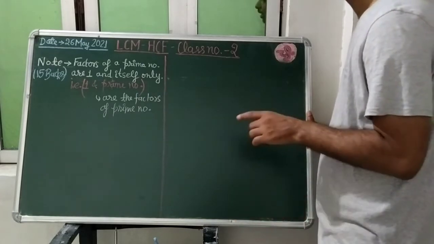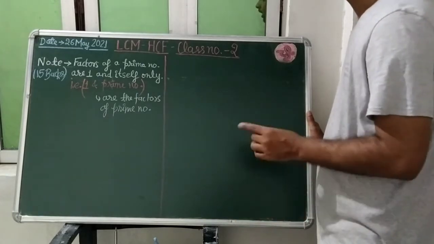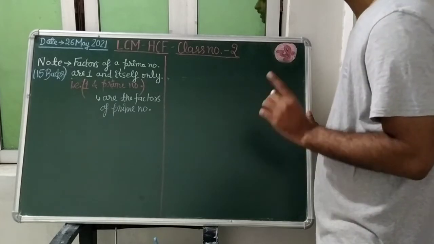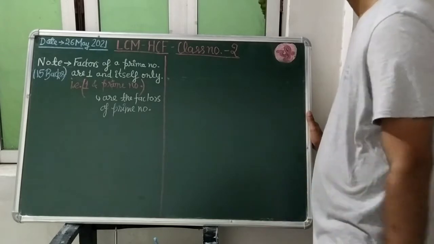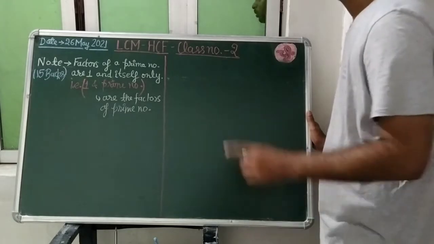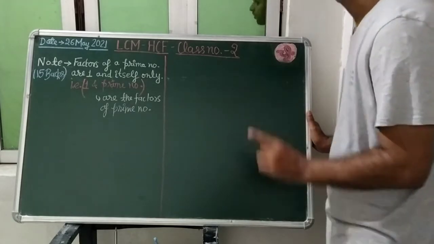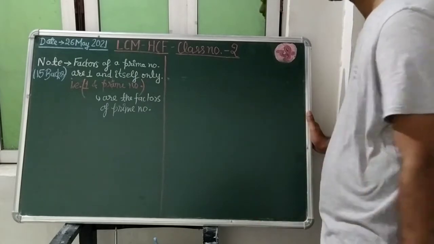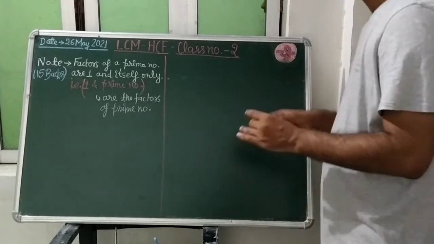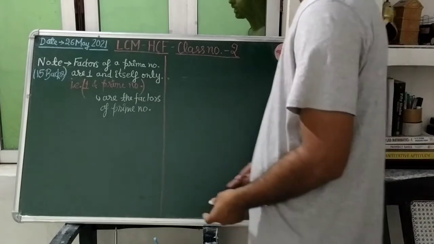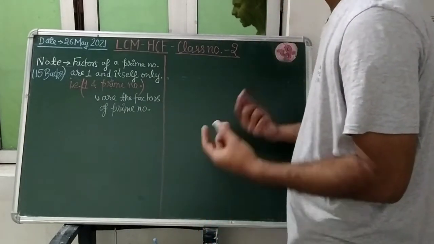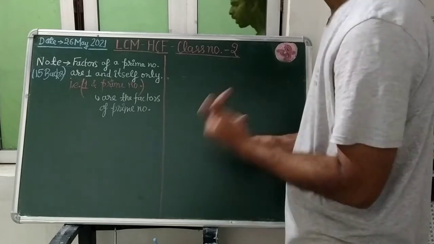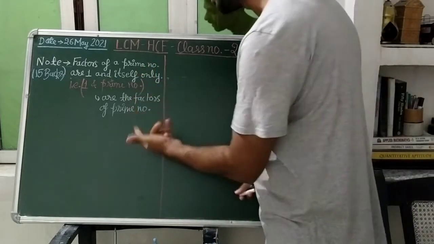There we saw that only 1 and 11 were dividing 11. So 1 and 11 are the factors of 11. So we can conclude that since 11 was a prime number, the factors of a prime number will be 1 and the prime number itself.